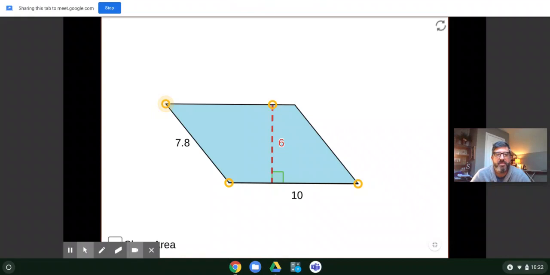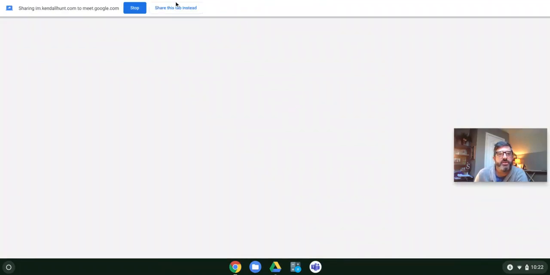Remember, we multiplied base times height. So we know our base is 10, our height is 6. So base times height would be 10 times 6, and like you said, that is 60. So nice job there.